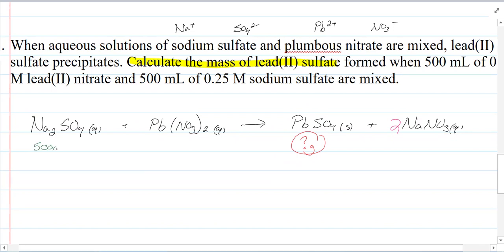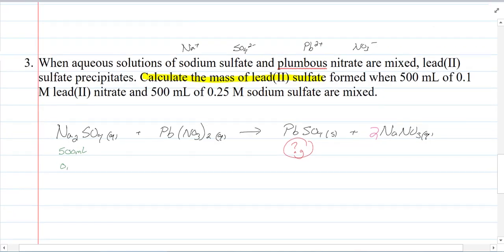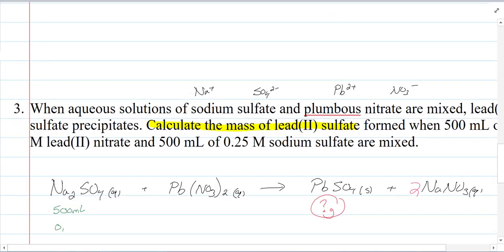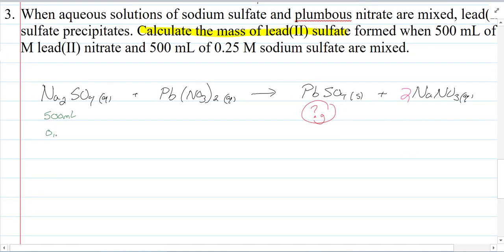Sorry, guys, 0.1 molar. So 500 milliliters of 0.1 molar lead 2 nitrate, and 500 milliliters, same volume, of 0.25 molar sodium sulfate are mixed.